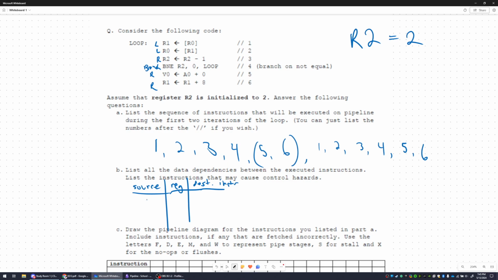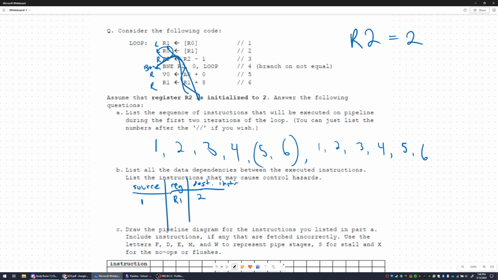So for this one, it's line 1 on register R1, and then this is on line 2. So 2 has a dependency on 1. Maybe I should put it the other way around, but I'll just leave it like this. Fine.